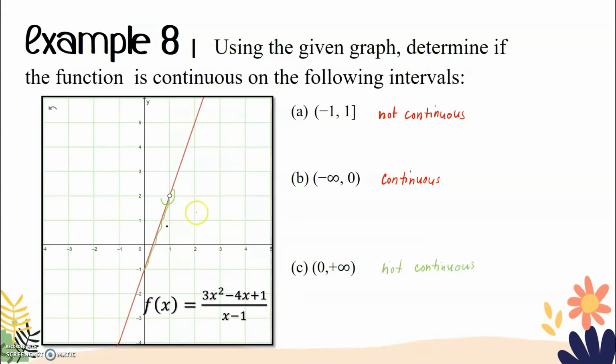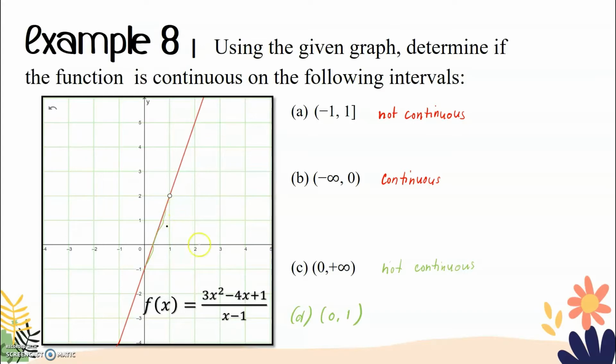Right? Now let's have an additional interval, the open interval of 0 to 1. Now tracing the graph from x equals 0 going to 1.